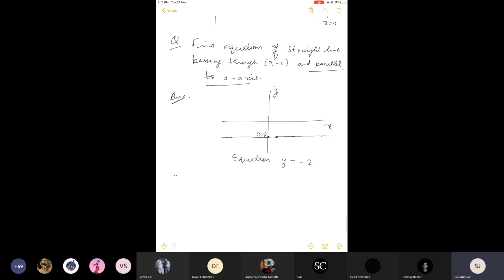Another similar kind of question. Find the equation of a straight line passing through 3 comma 0 and parallel to the y-axis.